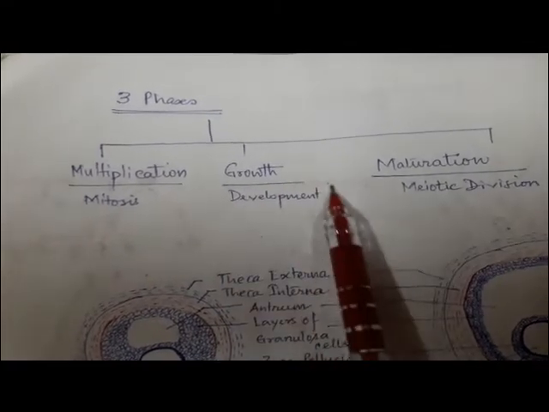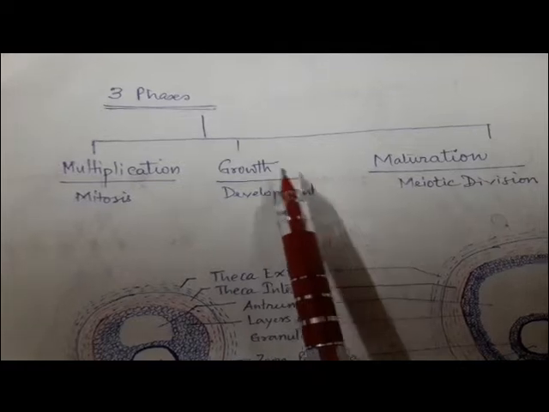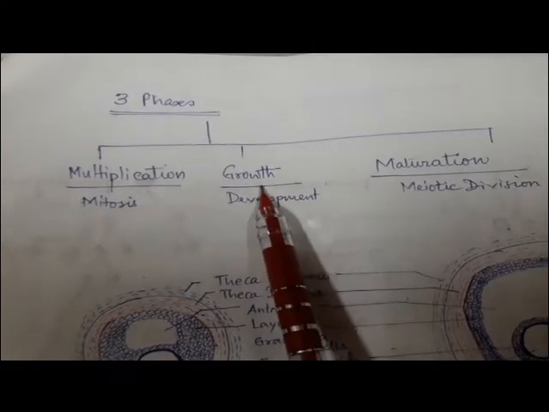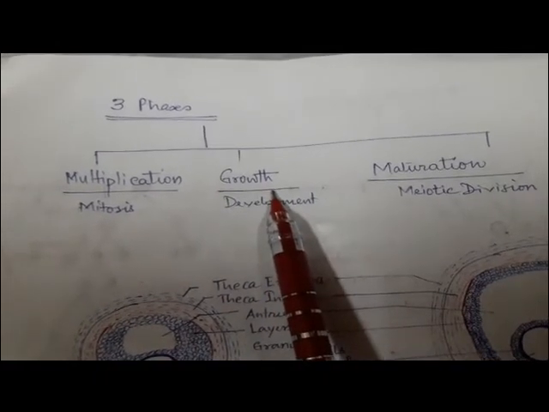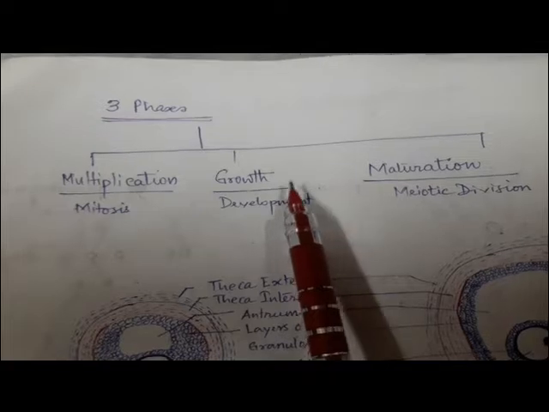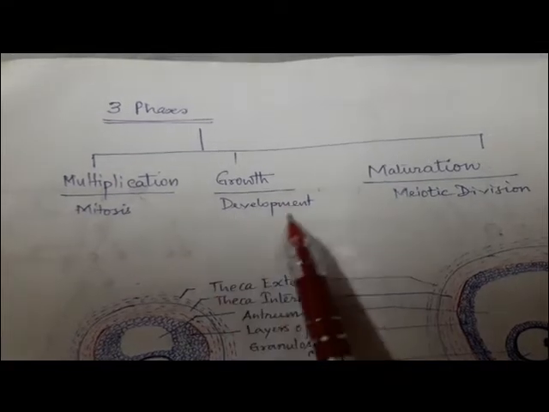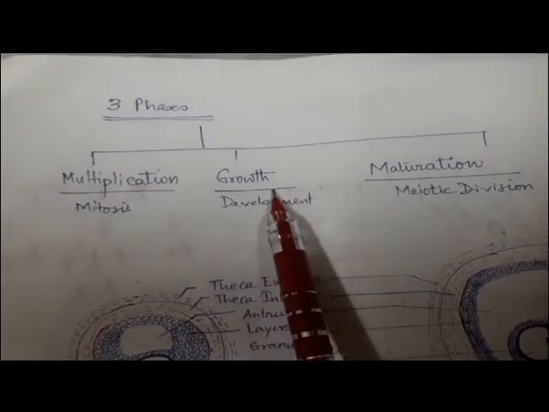Now the developmental phase, or the growth phase, is time taking, it is slow, and the oogonia forms a rounded mass-like structure, right?